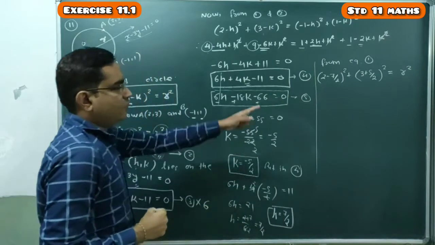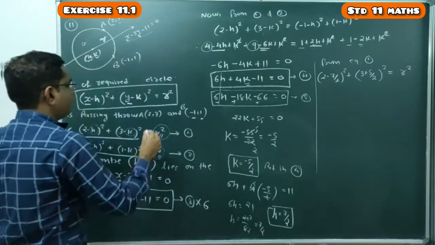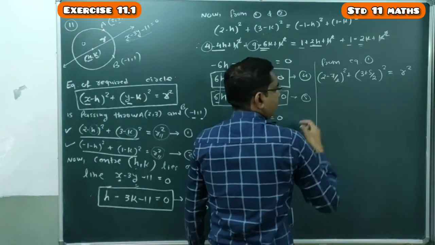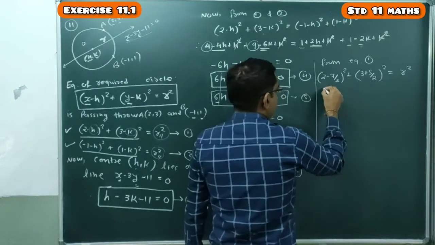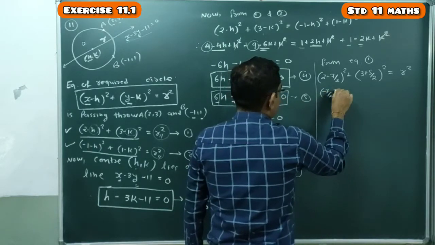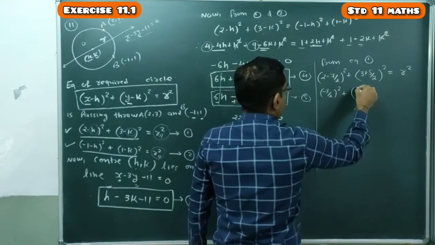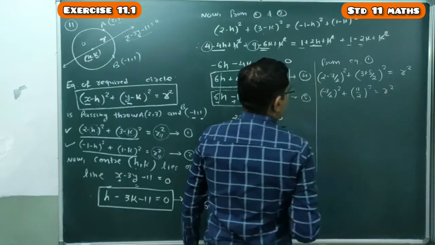Done. So by solving this equation we get the value of r. We don't need r, we require only r square. Now simplify this. 2 2s are 4, minus 7, minus 3. So it's minus 3 by 2 whole square plus 3 2s are 6 plus 5, 11 by 2 whole square equal to r square.